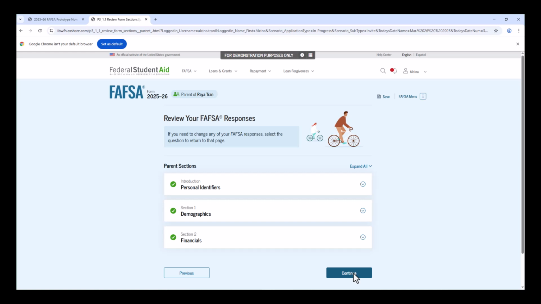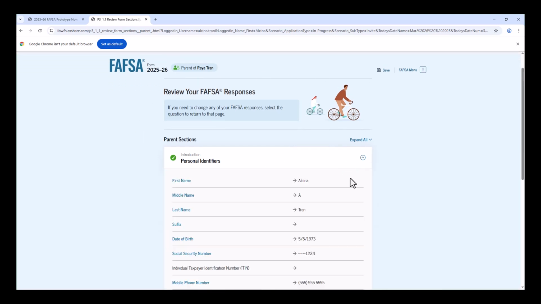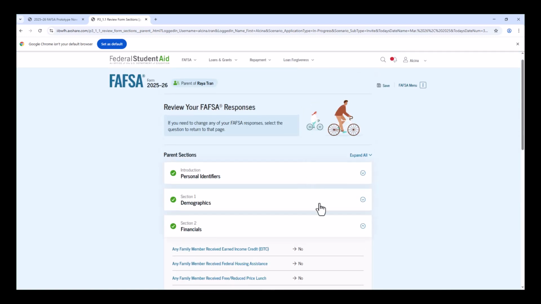So as I mentioned earlier, the parent portion is very short. It is shorter than the student's, unless you have to put in anything manually. But if everything is transferring over, it should be a pretty short thing for you to do. Again, this is the summary page. You can go through and look at everything that you input, make sure everything is looking good there.